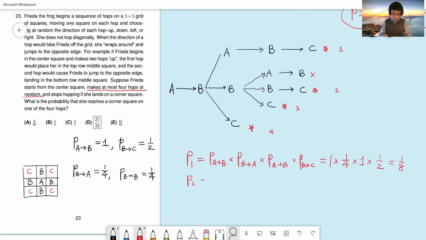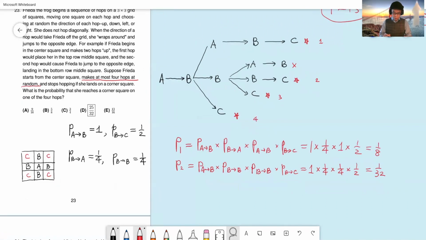And P2 is P A to B, P B to B, P again B to B, and then finally P B to C. So P A to B is 1. B to B, that's 1 over 4. B to B, 1 over 4. B to C, we have 1 over 2. This is 1 over 32.